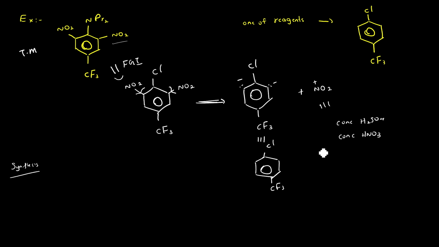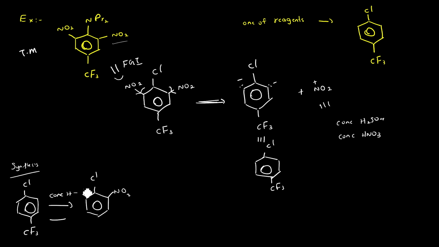We have this reagent here. You can see we have obtained this reagent, with chlorine and CF3. Then we need to attach the NO2 groups, so you can add conc H2SO4 and conc HNO3, which means you are attaching the NO2 groups here.